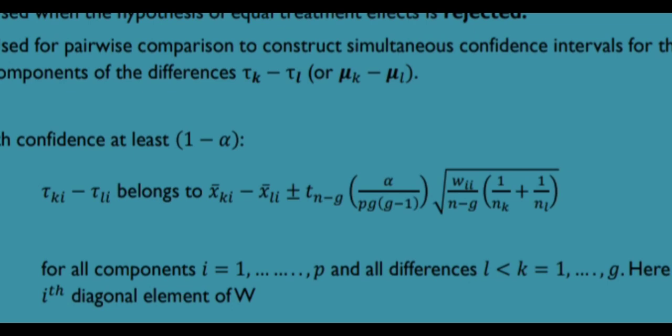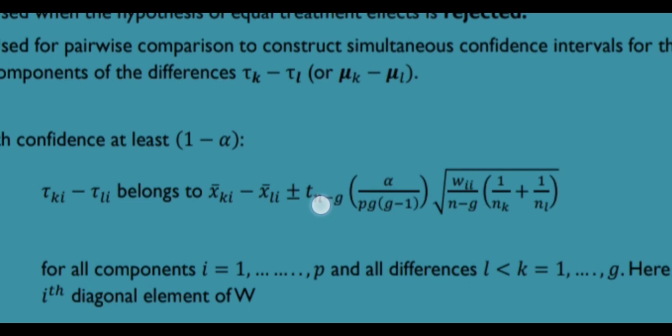Okay, and then plus minus. This is the distribution that you need to use. Gunakan t distribution. A degree of freedom is N minus G. N adalah total sample size.